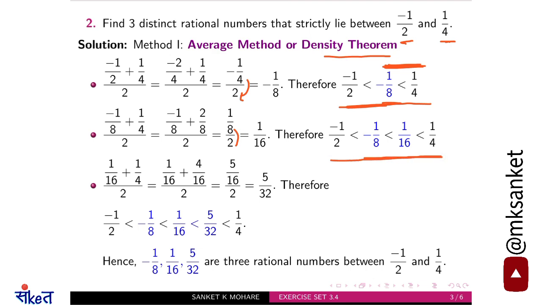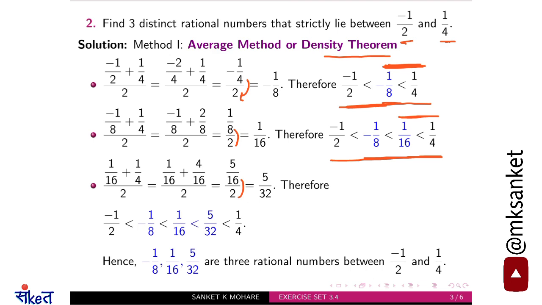Now for the third number we'll choose this interval. The average of these two rational numbers is 1 by 16 plus 1 by 4, upon 2, which is equal to 1 by 16 plus 4 by 16, as the LCM of 4 and 16 is 16. So 4 plus 1 is 5, 5 by 16 upon 2, 16 into 2 is 32. So 5 by 32.